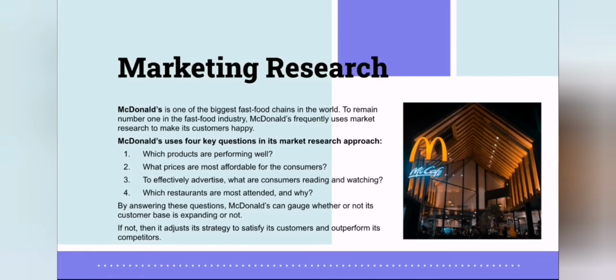You see teenagers just going in the park, taking videos, photos, just bonding with people. So location has been integral in the part of McDonald's. So if not, then they adjust the strategy to satisfy the customers and outperform its competitors. I mean, there's no argument about that. And all of these things are products of marketing research. They have the best marketing research.